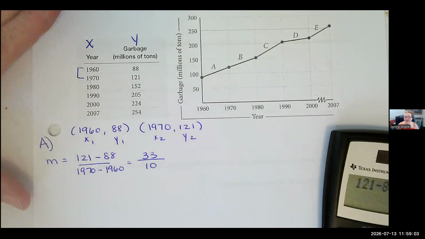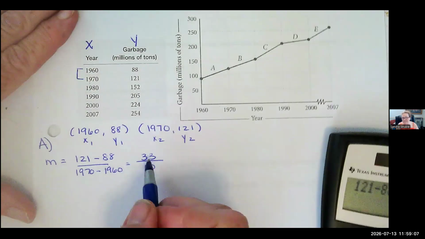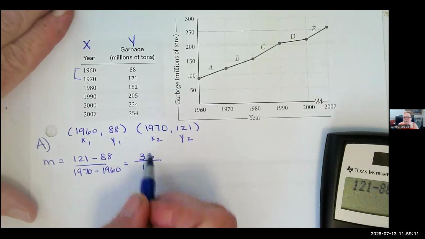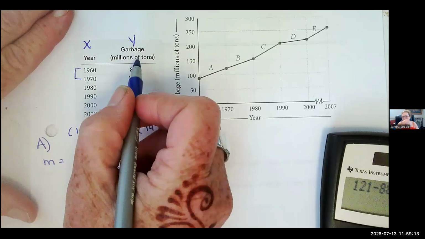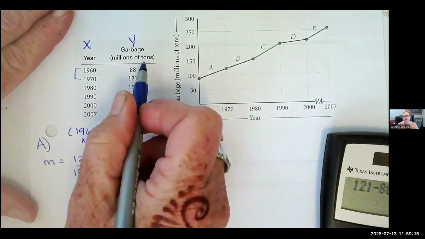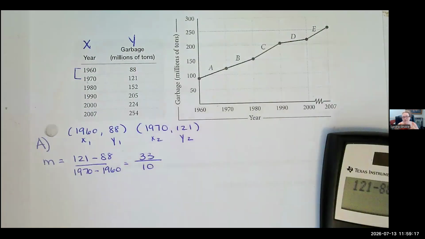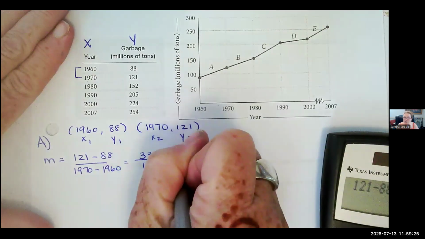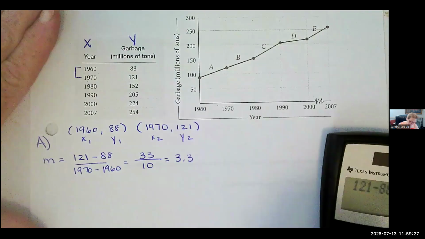It's increasing by 33 million tons over 10 years, but what is more impactful is what that looks like per year. When you divide this, you'll find that it's 3.3 million tons of garbage per year.